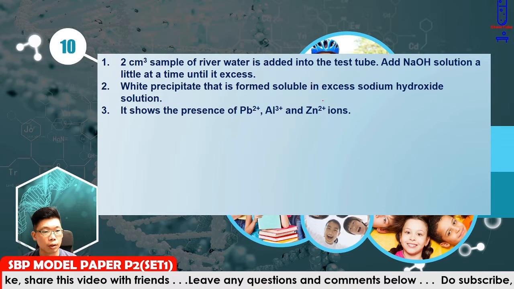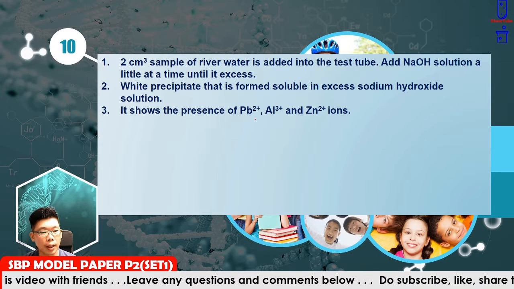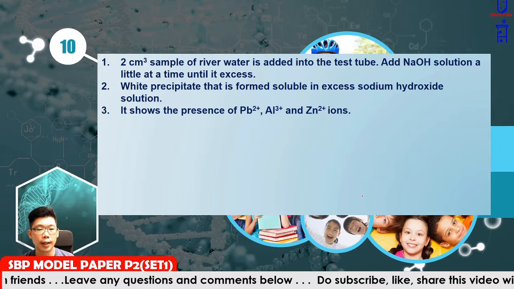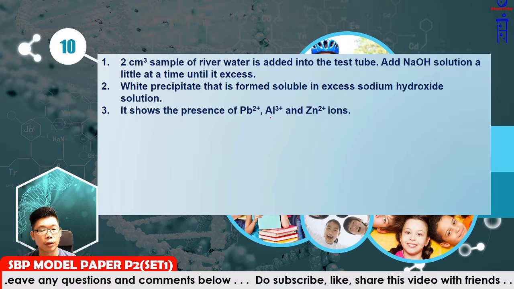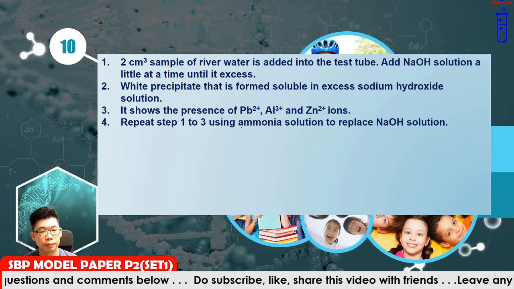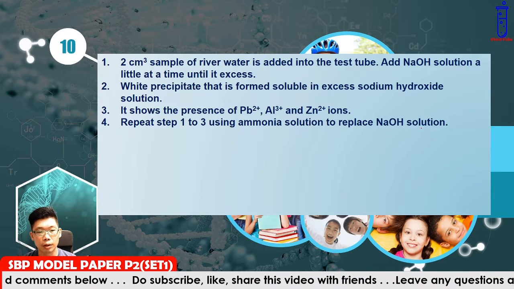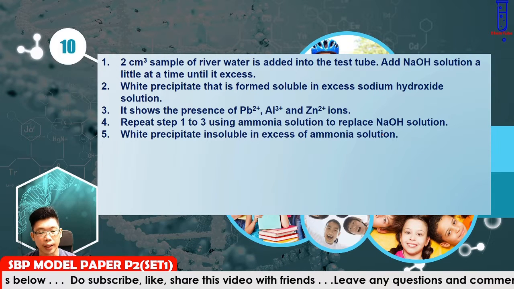It shows the possible presence of lead, aluminum, and zinc. We cannot differentiate, so we have to do the ammonia test. Repeat steps 1 to 3 using ammonia solution to replace the sodium hydroxide. A white precipitate forms, insoluble in excess ammonia solution.